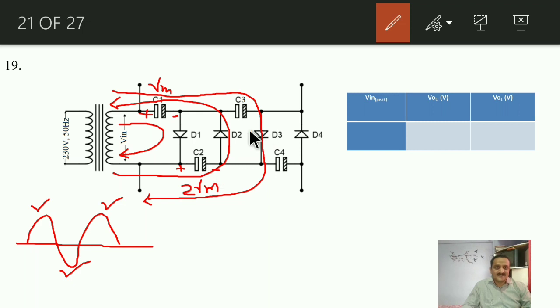That means diode D3 is highly forward bias as compared to diode D1, is it? And that's why D3 will conduct, and capacitor C3 will charge up through diode D3 again with the maximum available voltage in that path, and the maximum available voltage is twice of Vm. So the voltage stored by capacitor C3 will again be twice of Vm, not thrice of Vm, remember.